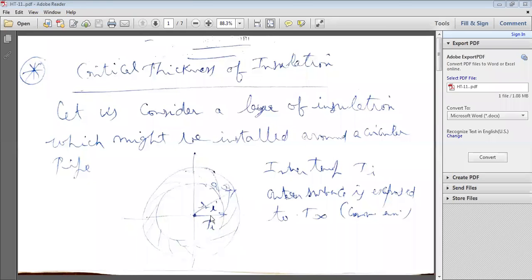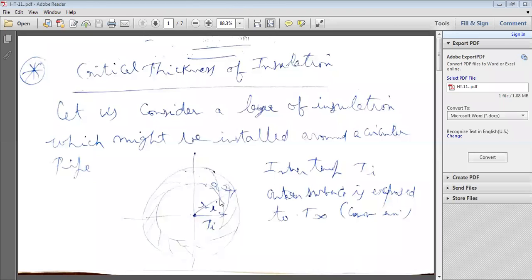To avoid loss of heat energy, you have to lay down an insulating material on the steel pipe or any other pipe. So how much thickness of insulating material is to be added to maximize or minimize the heat transfer?